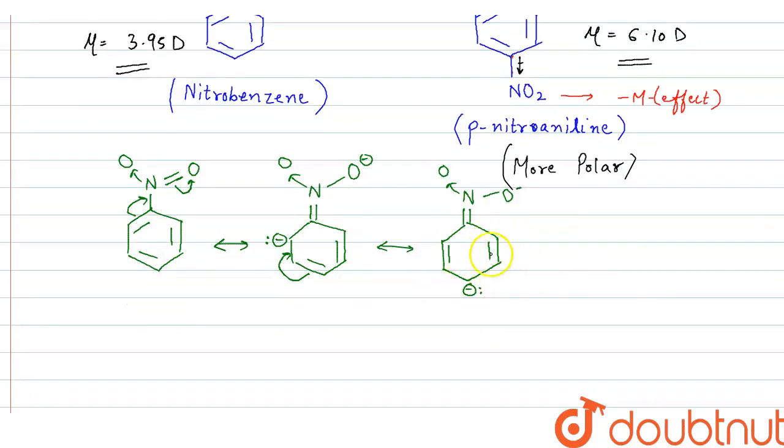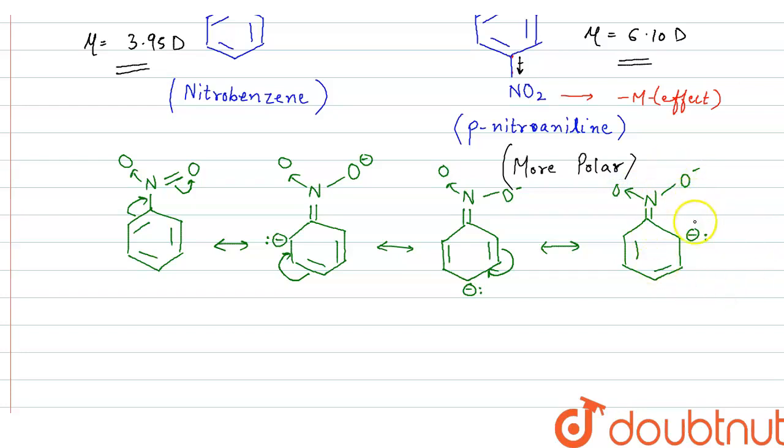Then these pi electrons will transfer here, and in the next structure we get a negative charge here and a lone pair, and a double bond here, and here double bond N, oxygen, O negative.